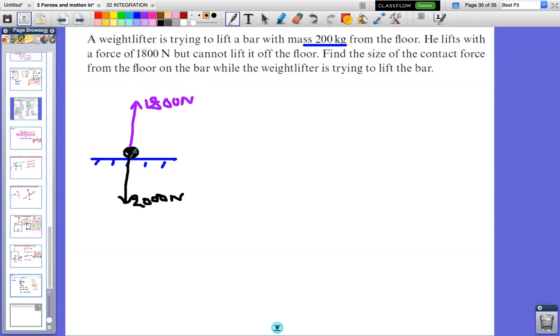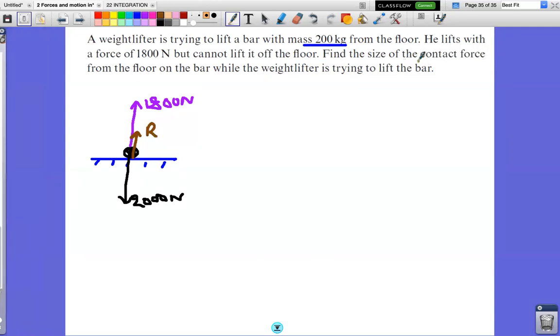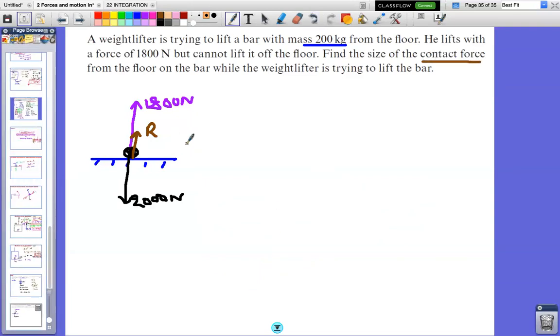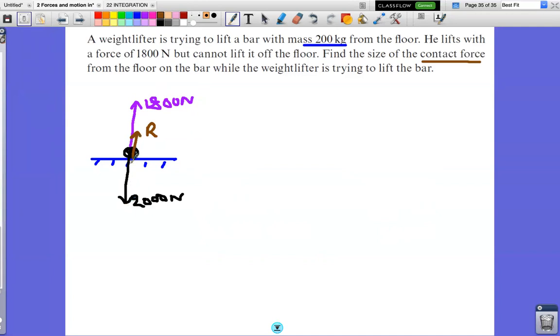It means this bar is still on the floor, so there is still a normal contact force. And we are asked to find the value of this contact force. We are asked to find the magnitude of the contact force. So if we use Newton's second law here, the sum of forces downwards must be equal to the sum of forces upwards because there's no acceleration.